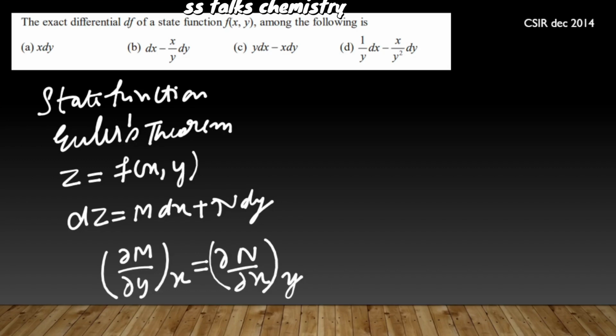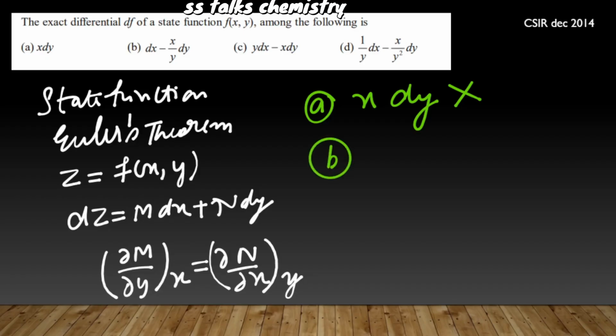Now from the given options, the first is x dy only. That means only the term along with N has been given. The M value we are not having, so we cannot apply Euler's theorem. That is not going to be the answer. The second option is dx minus (x by y) dy. So the M value is 1 in this case.